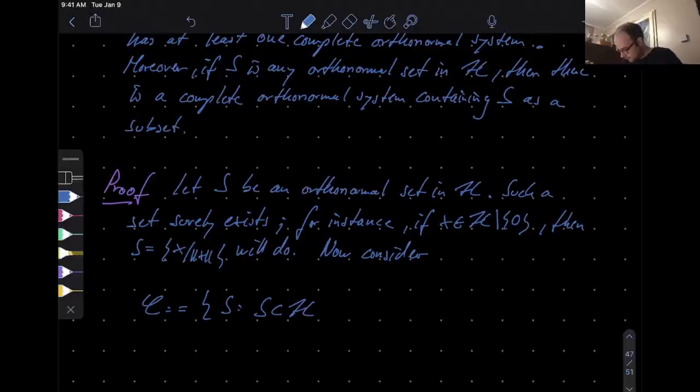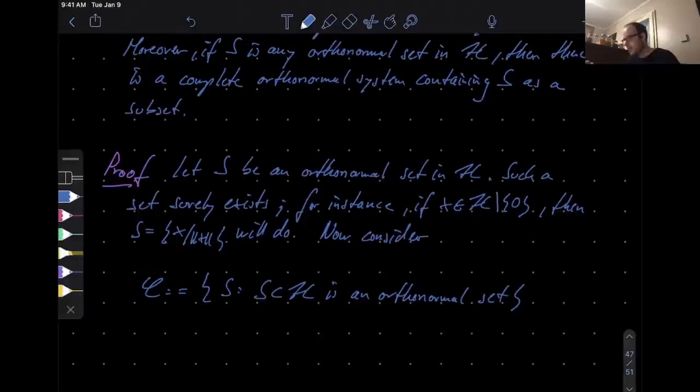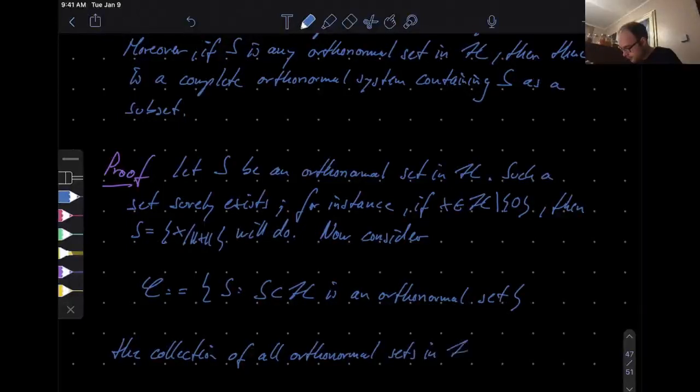Let me write this out. So the collection of all orthonormal sets in H.